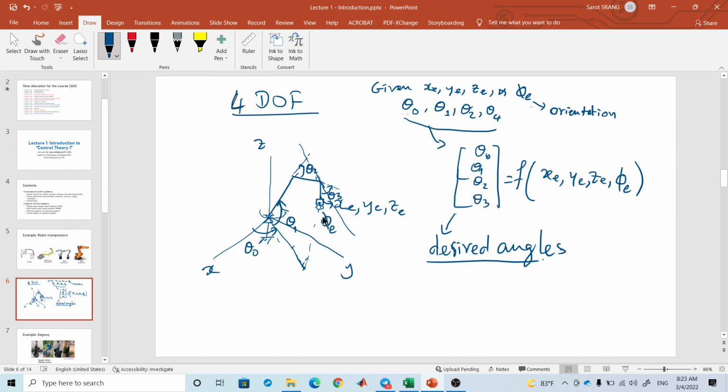So of course you will assume the end effector is at the position XE, YE, ZE, and the orientation phi E. Okay, that's the idea. So control theory is applied to how you control the motor or the system in such a way that you can achieve the desired angle.